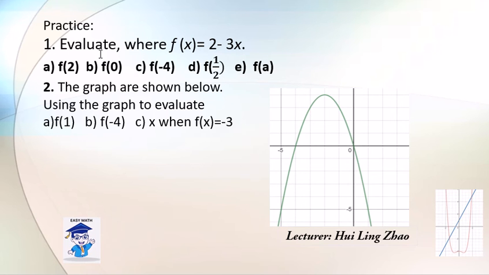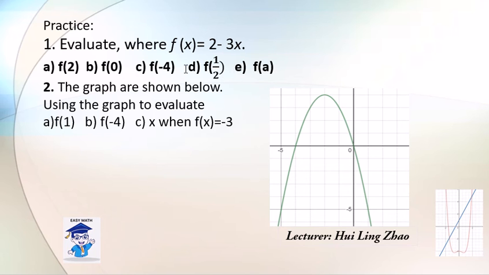And more practice here. Number 1, evaluate where f(x) equals 2 minus 3x, for a, b, c, d, e: x is 2, 0, negative 4, 1 over 2, and a.